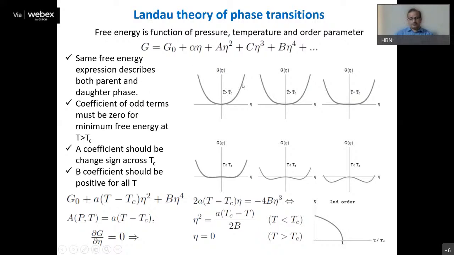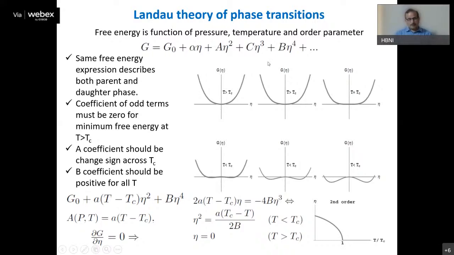So this has to be symmetric with respect to the order parameter. In this case, we cannot have these odd terms because an odd term will lead to instability at this order parameter value, that is 0. So you will have some lower energy at some negative values of order parameter. So we can eliminate these terms.